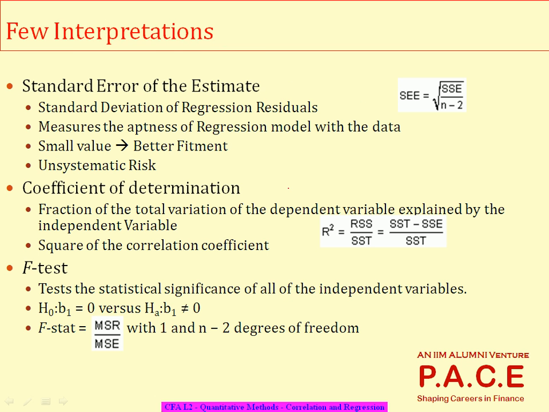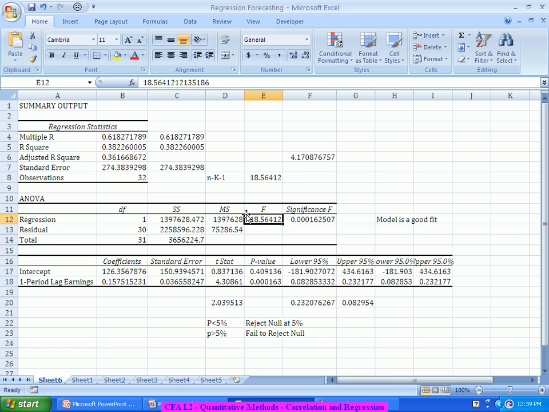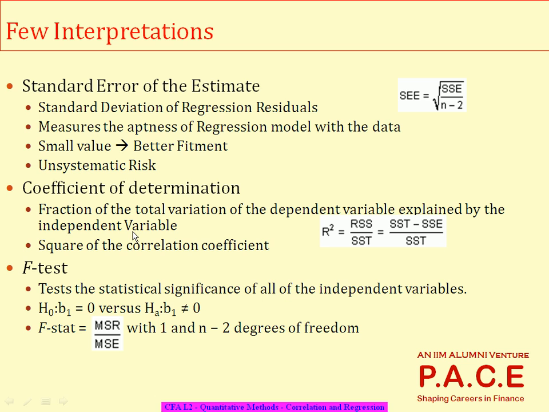So just a quick summary of the interpretations. The standard error of the estimate is the square root of this value. How did we arrive at this value? It is nothing but the mean sum of squares, and the mean sum of squares is obtained as the sum of squares divided by 30. 32 was our observation, so when I do it by n minus 2, it becomes 30.